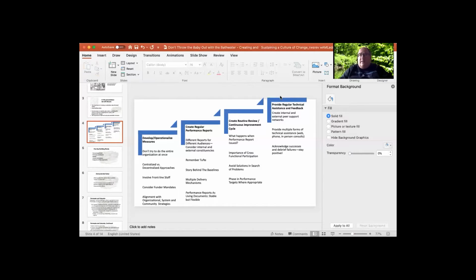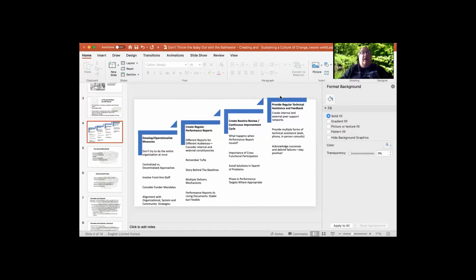Another early consideration is the notion of, how is this work going to be supported? Are you going to ask each manager from each program or each site, or however your organization is distributed, to do their own thing with performance measures?